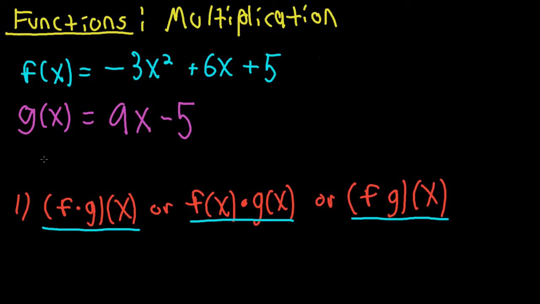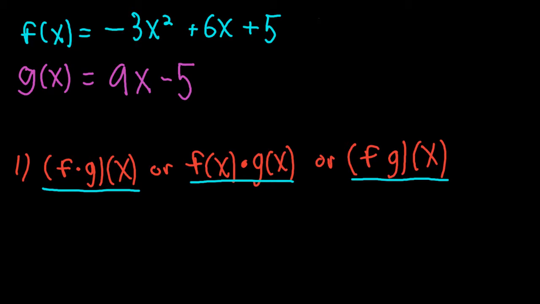So let's get started. Problem 1, we're going to be starting from left to right, so I'll start by writing f of x. So f of x is equal to negative 3x squared plus 6x plus 5.